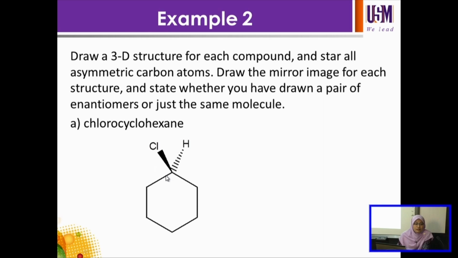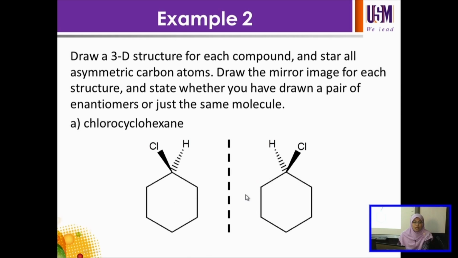When we go to the right and to the left, we see that actually this carbon and also this carbon are similar. So when we draw its mirror image, we can see that it is superimposable. So there is no chirality center or asymmetric carbon. So we have no asymmetric carbon here. So this is the same structure, an identical compound.